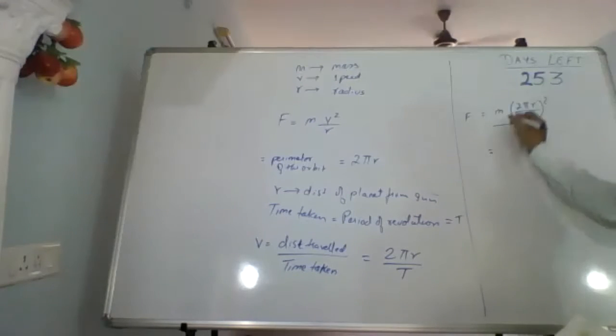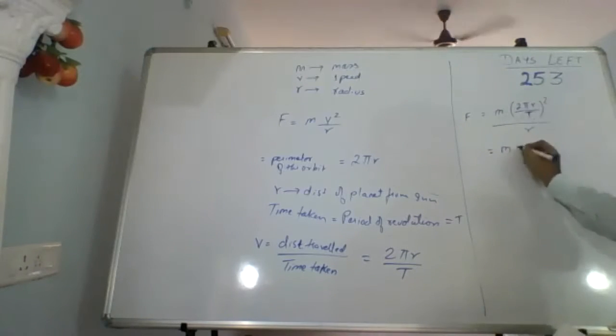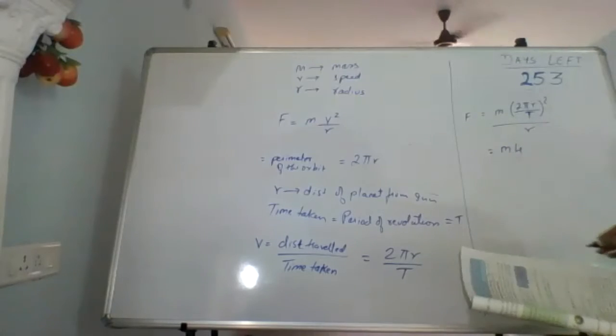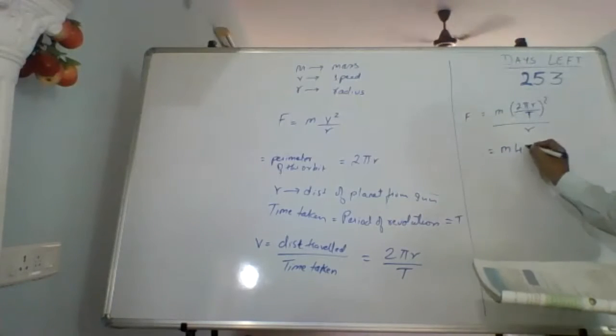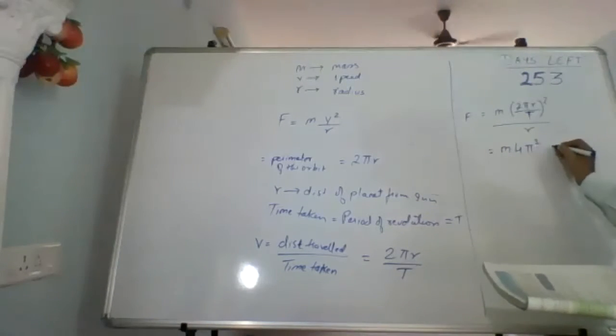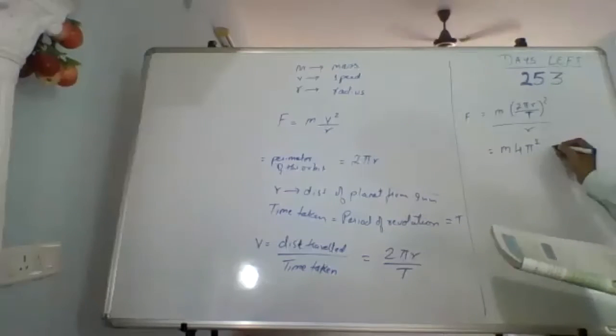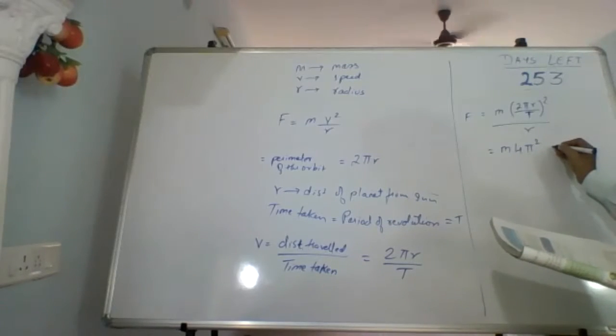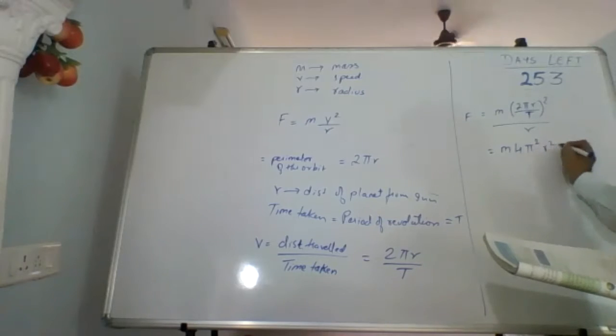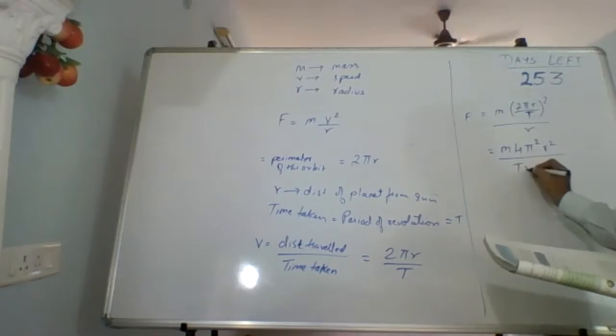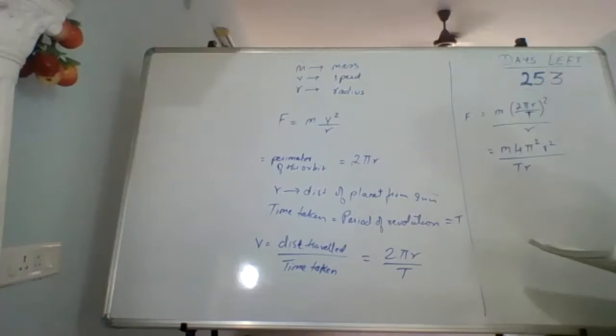Expand this. m will remain as m, 2 square will become 4, pi square will become pi square, and r square upon T square r.